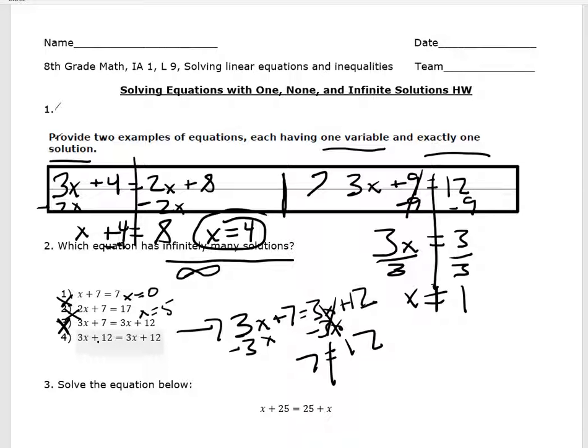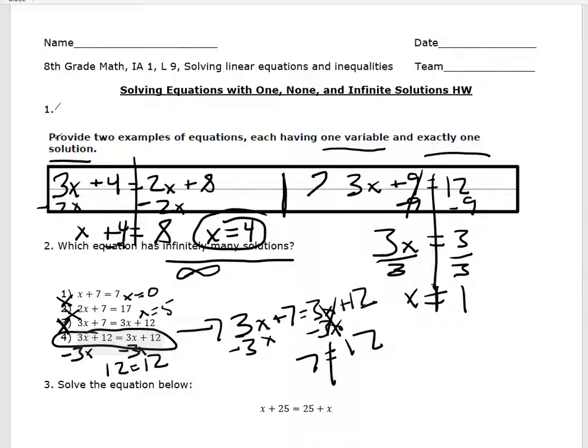Over here, I have 3x plus 12 equals 3x plus 12. I have the same coefficient for my variable, and I have the same constant, which means when I subtract 3x from both sides, I'm left with 12 equals 12, which means I have infinitely many solutions here. What does that mean? Well, if I were to plug any number into the x, I would end up with a true statement.